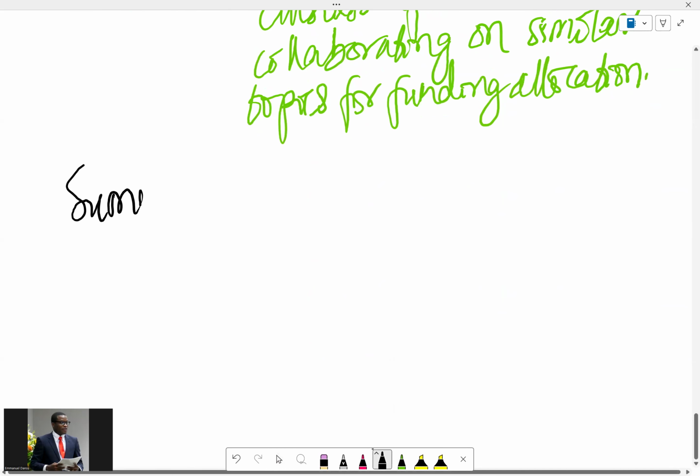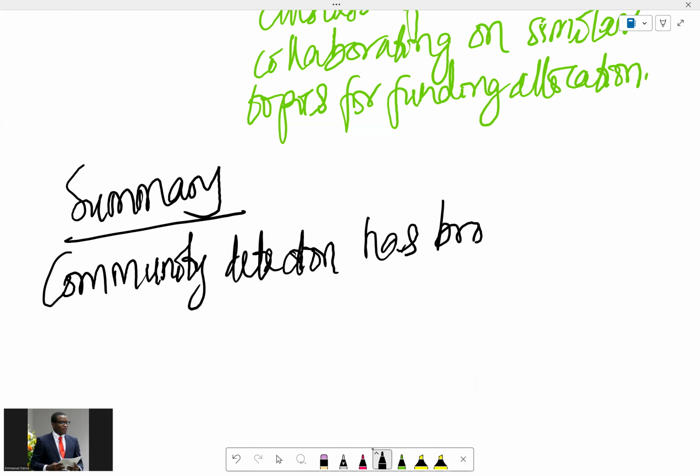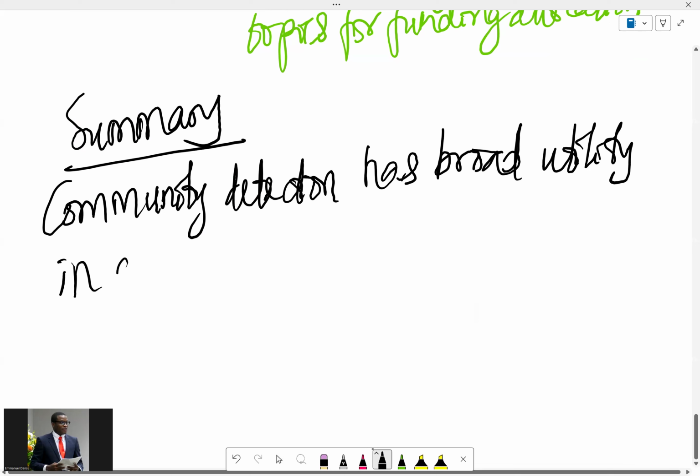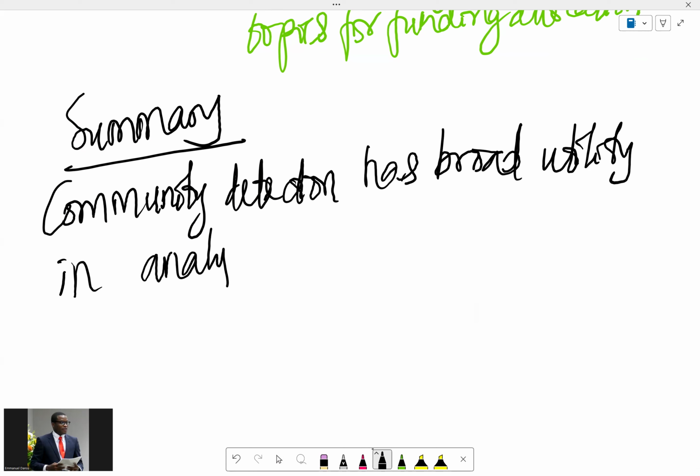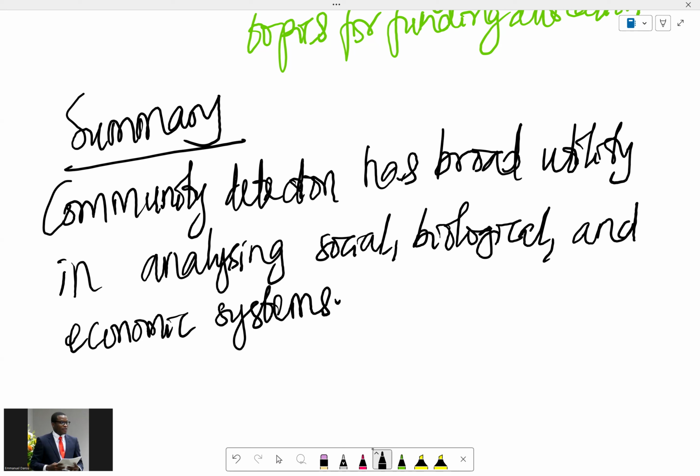In summary, community detection has broad utility in analyzing social, biological, and even economic systems, endless systems actually.